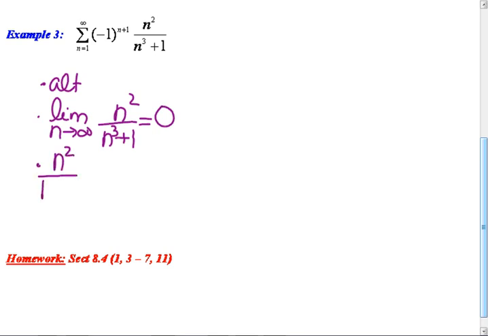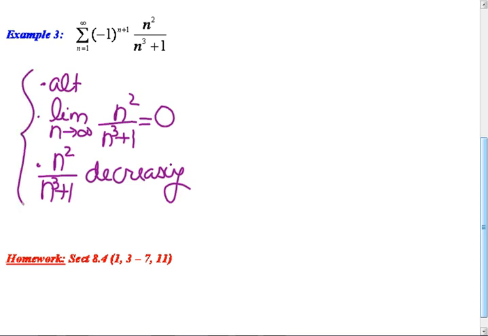Is that getting smaller as n increases? Is this decreasing? Yes. No tricks. They will be decreasing. So if you get the first two, you'll have to look at it, but it's always going to be true. There's no tricks to it. And so then you would say all of this, and then you would say it converges by the alternating series test.